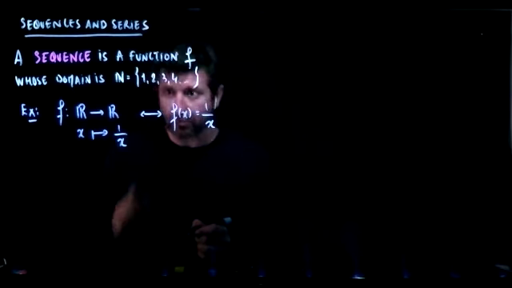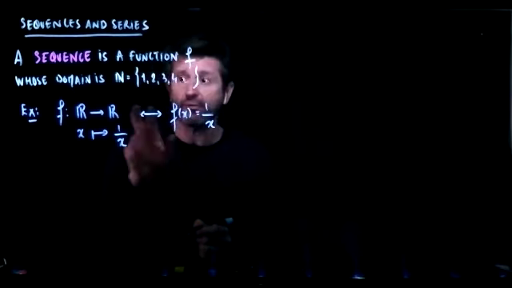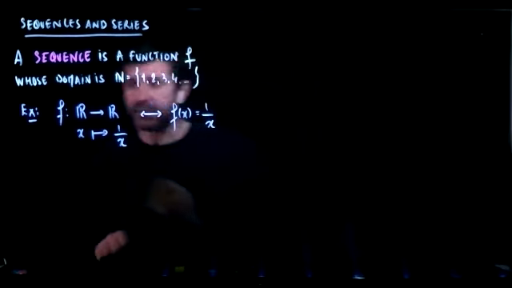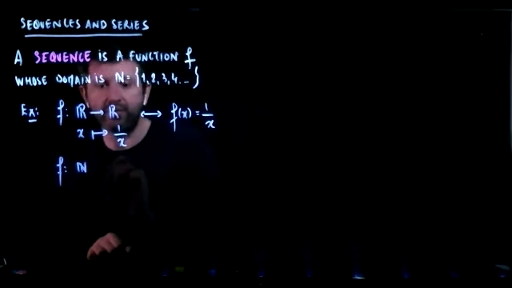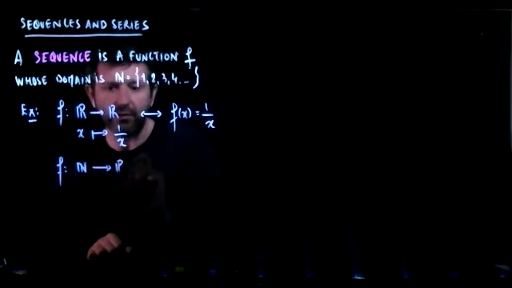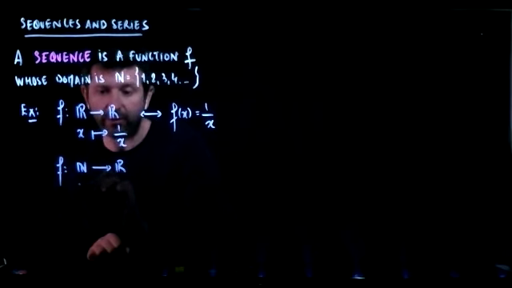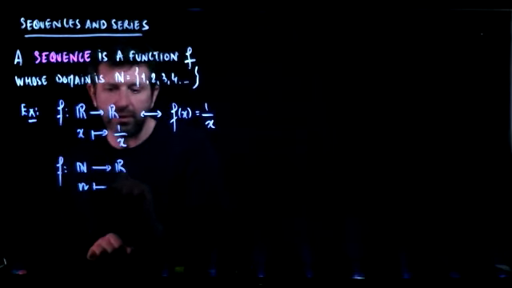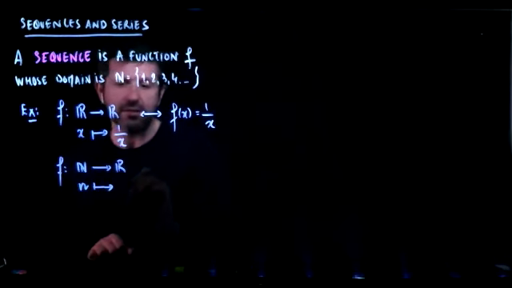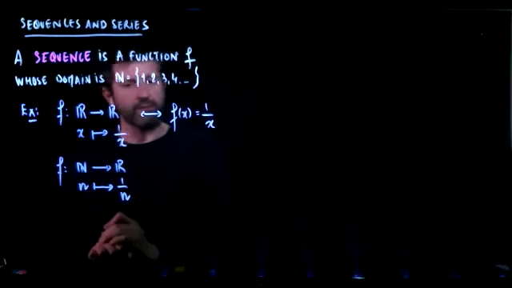So that's the regular function. If I want a sequence, it would be like this: it's not R anymore, it's from N to R, and for every number, I'm not going to call it X anymore, I'm going to call it n, just to show that it's an integer, to n it associates 1 over n.